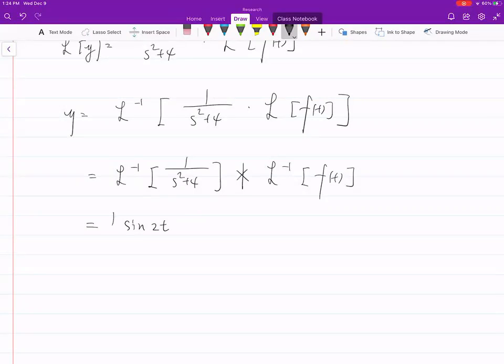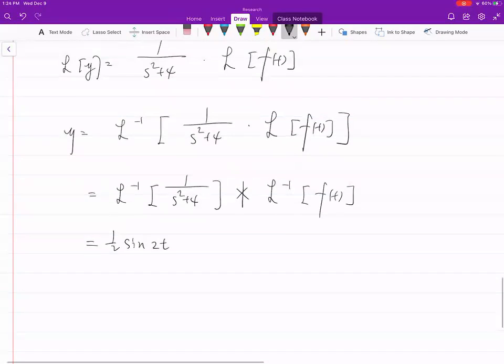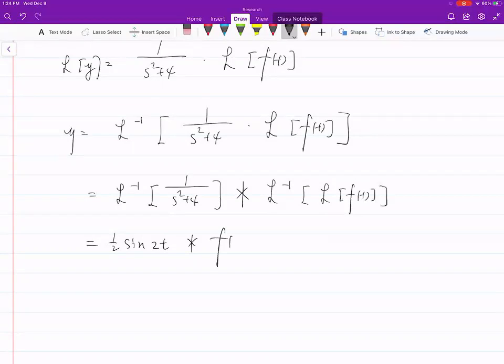It's 1/2 sin(2t). Convolute with the second one, which is, what's the L inverse of L(F)? It just equals F itself. You do the L, then you do the L inverse. You don't actually have to know what the Laplace transform is. You do it, and then you do the inverse. You don't change a thing.